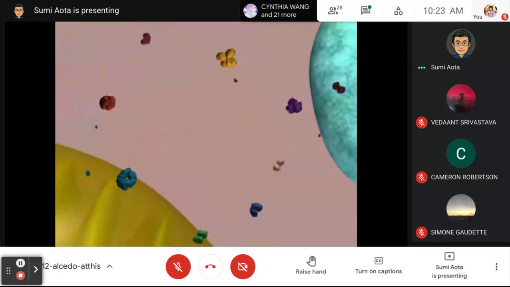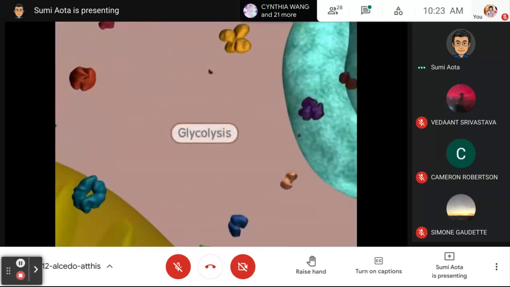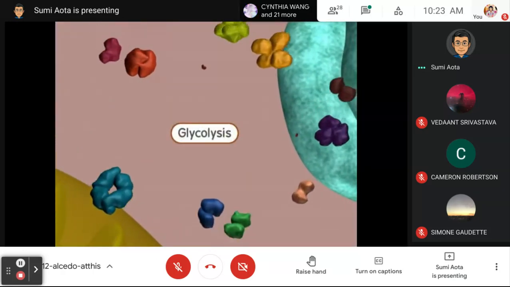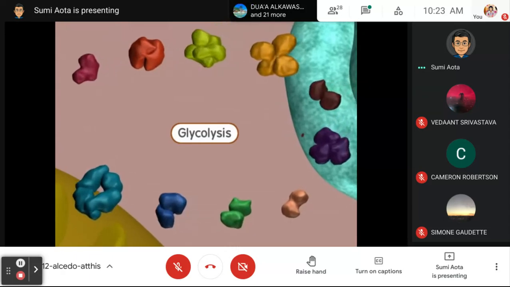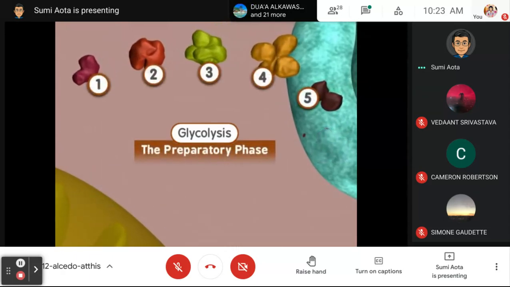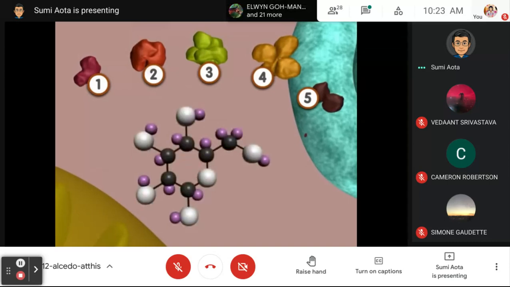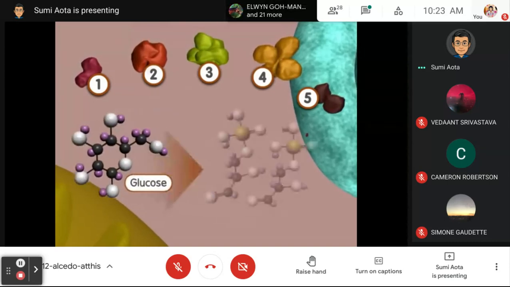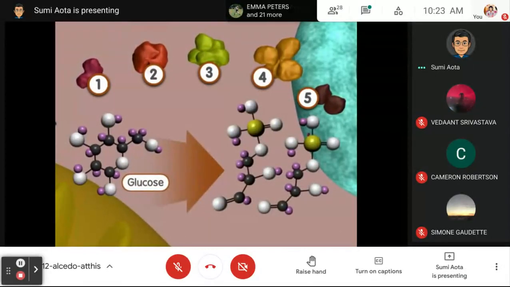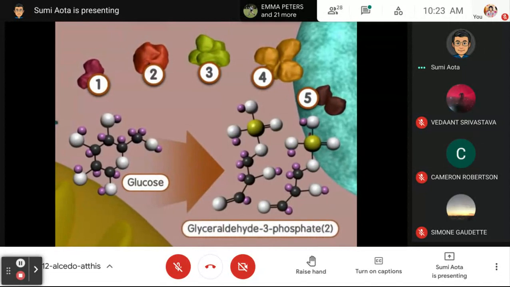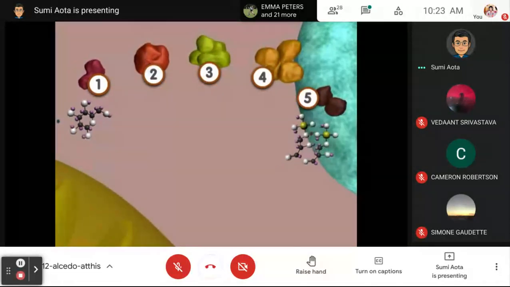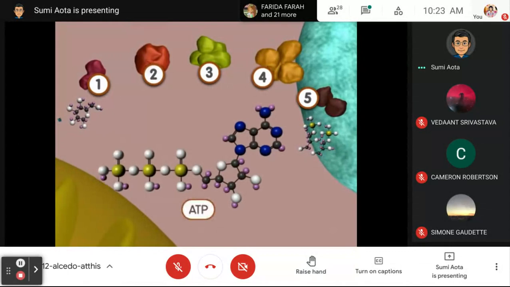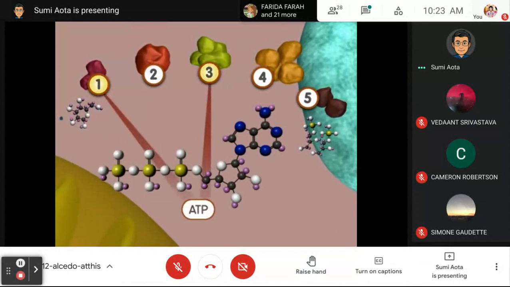Let's take a look at an overview of the key steps of glycolysis and focus on the input and output molecules. The first 5 steps of glycolysis convert a 6-carbon sugar, glucose, into 2 3-carbon sugars, glyceraldehyde 3-phosphate. To do so, ATP is consumed in the first and third steps.